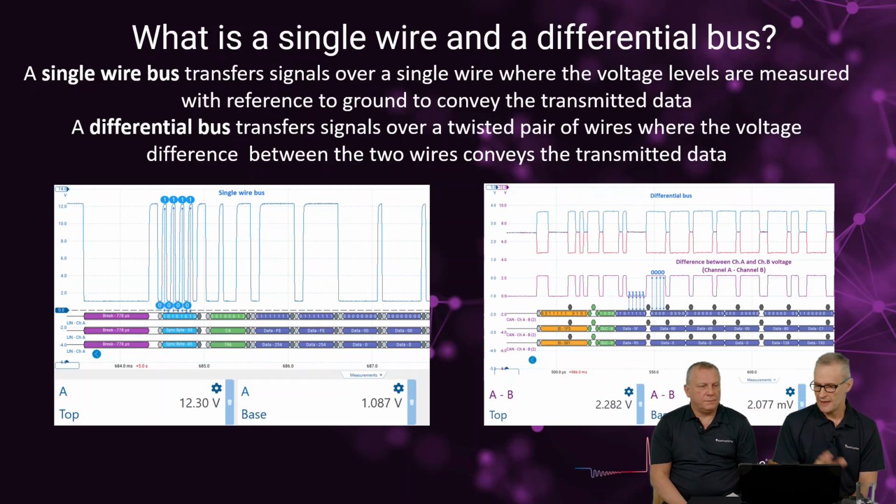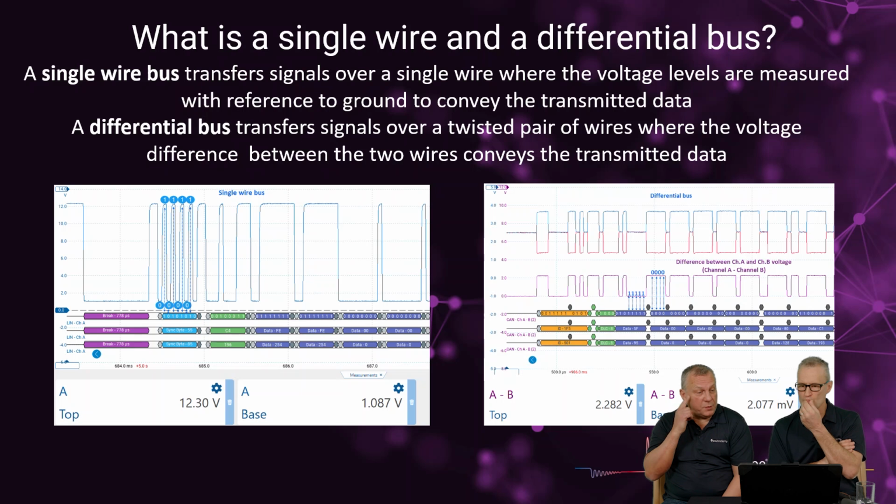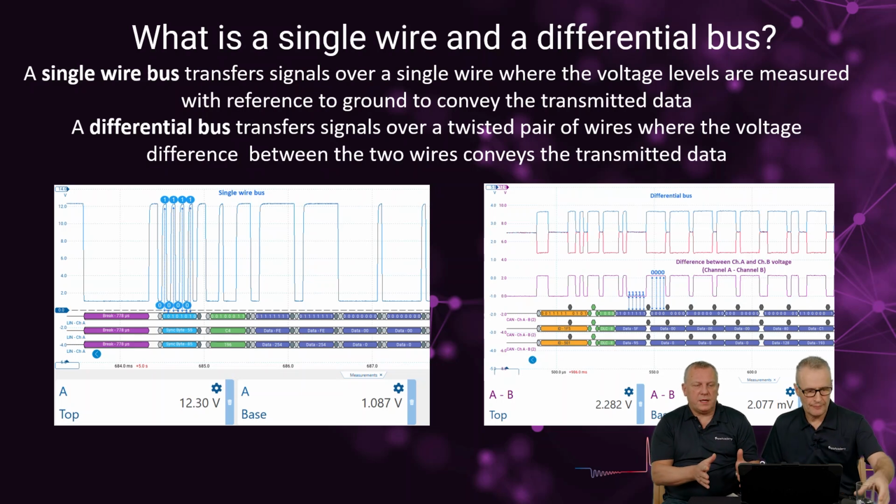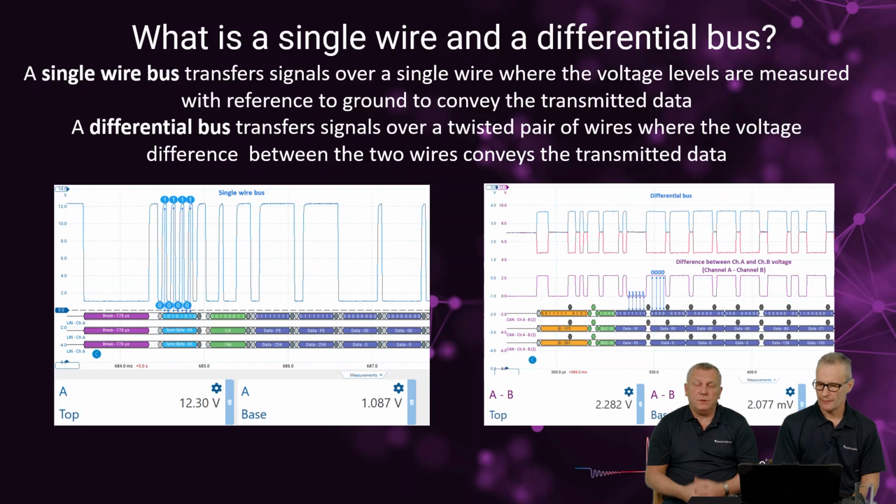I think it's key to point out at this stage, Steve, why you would have a differential bus and a single wire. Obviously when they decide the protocols, the manufacturers want to make things as cheaply as possible.